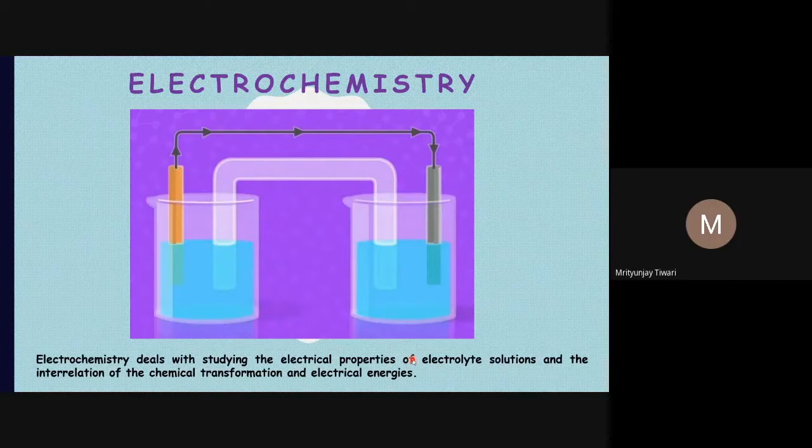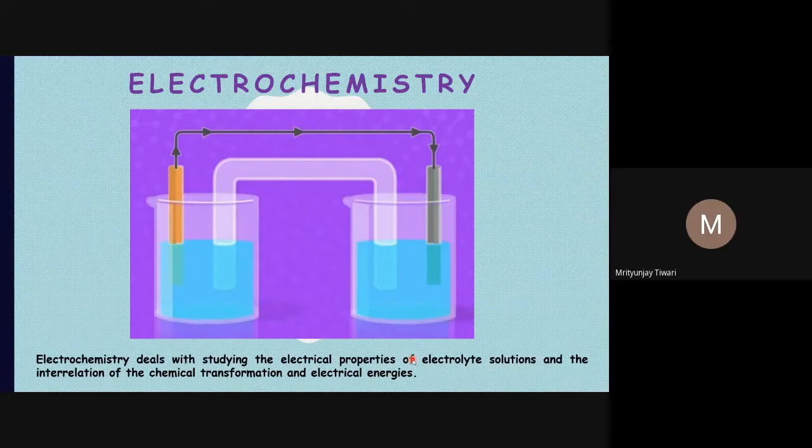Once I connect them together through an electrical wire, or by anything which can conduct electricity or allow the movement of electrons, then this reaction will start happening. In the oxidation vessel, oxidation will happen and electrons will be produced, and those electrons will travel through a wire to another place, and there these electrons will be used for the reduction.